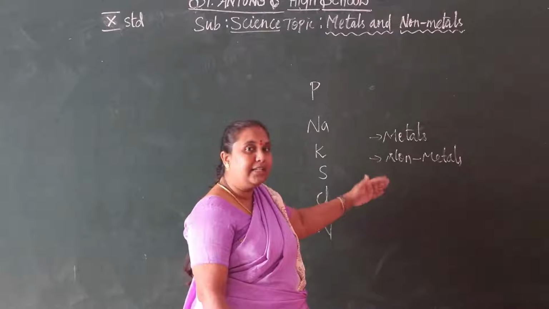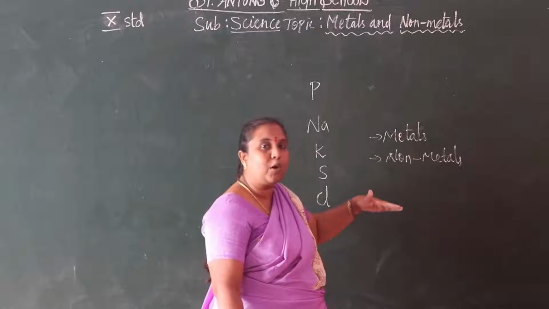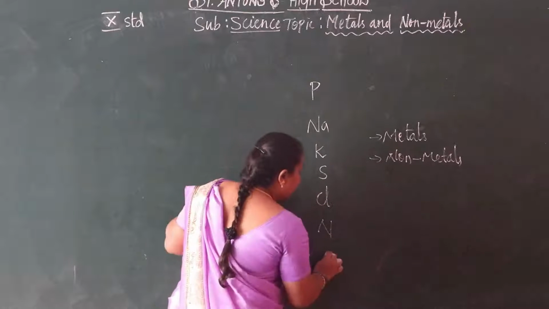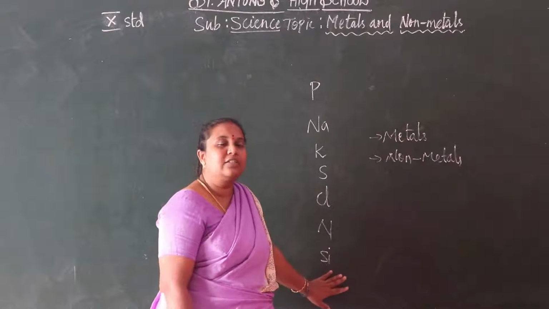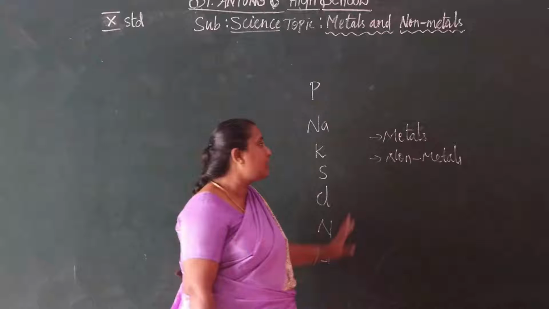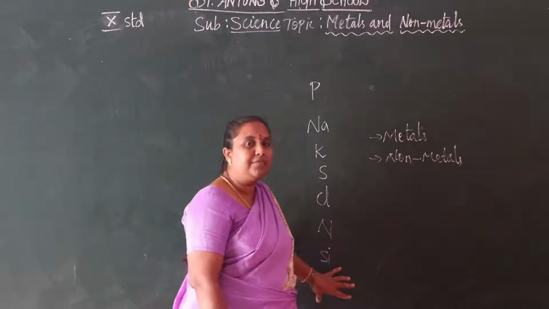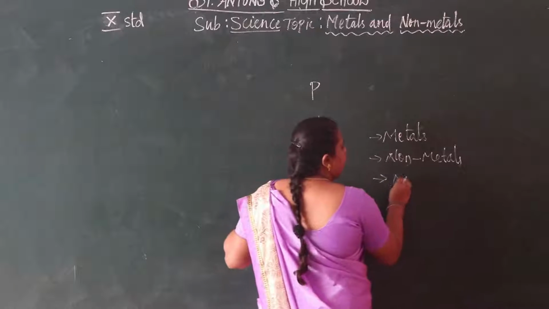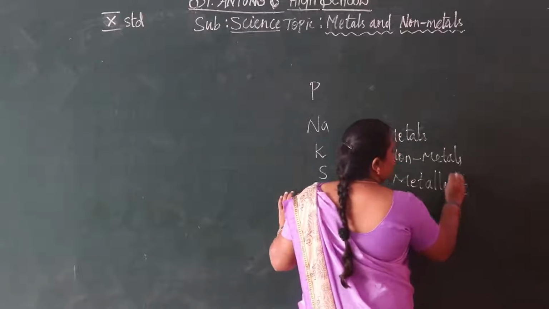But if it shows both properties of metals and non-metals, like silicon, that element we can say is a metalloid.